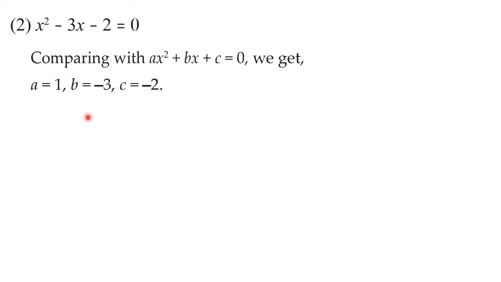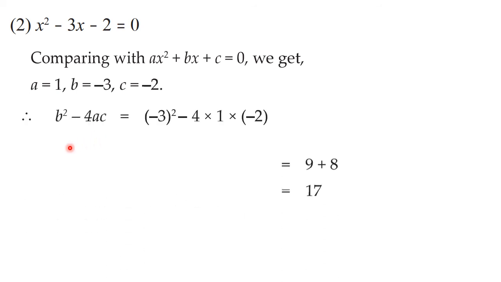Then the next step, recall what we need to find: b square minus 4ac. So immediately write down b square minus 4ac, which is equal to (minus 3) square minus 4 into 1 into (minus 2). See, minus 3 is written in brackets. I told you so many times, whenever the minus sign comes, always write it in brackets.